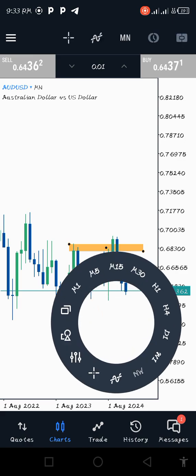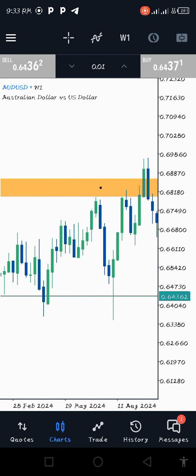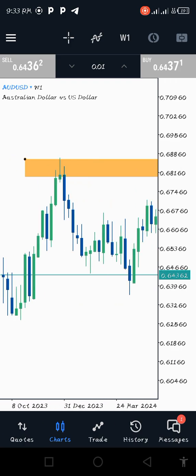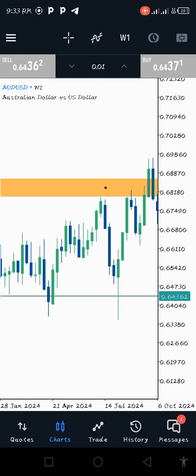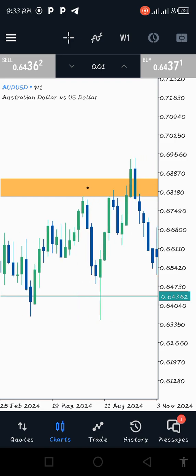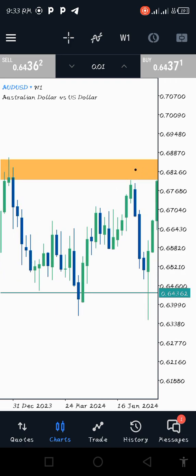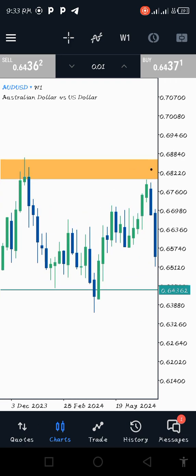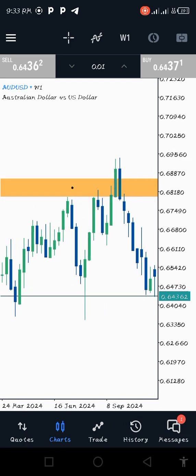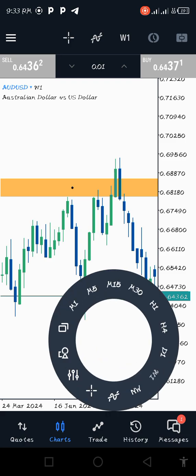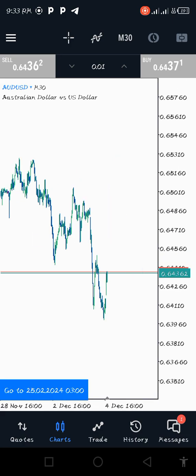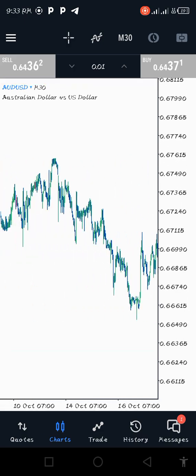So I go to the weekly time frame and refine that, so that I could show you what I was anticipating. So I went back, now that my zone was drawn, I went to the 30-minute time frame and went back to my zone.